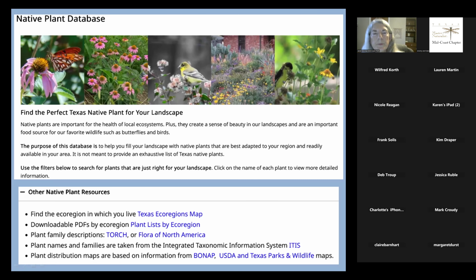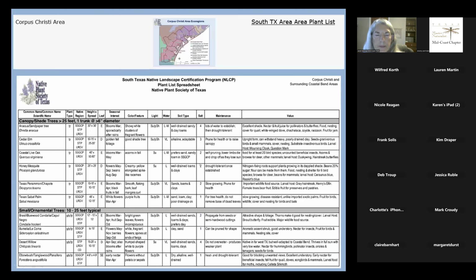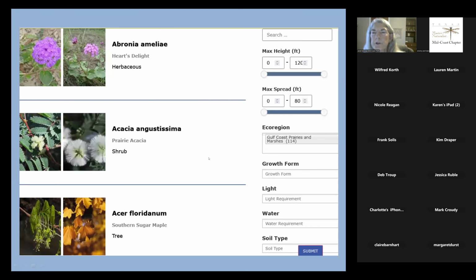But if you're on this page right here and you just kept on scrolling, I'm going to skip this slide and go to the next one. This is what you'll come up with. It's all on the same page. You just keep on scrolling. So here on the side, you can type in the botanical name of the plant if you know it, if you're looking for a specific plant.